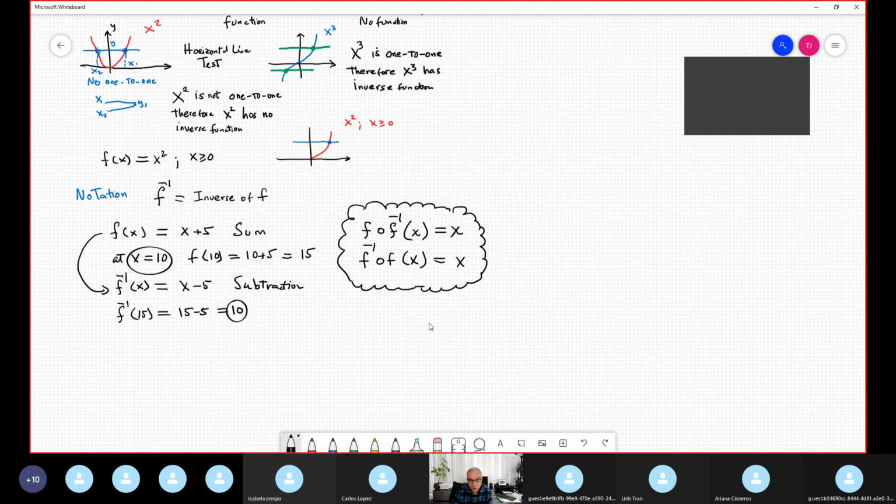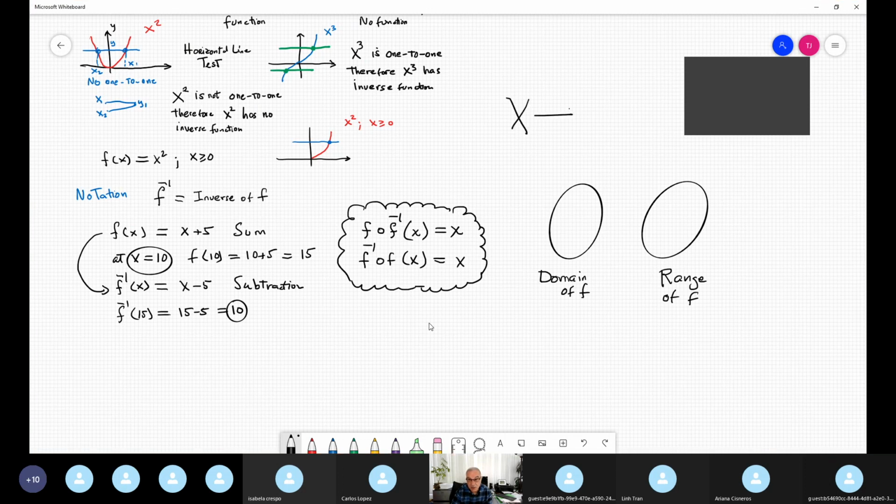Remember, I prove that the function is one-to-one. Nice. It's the domain of f and this is the range of f. And the thing that we are doing is interchanging x with y.